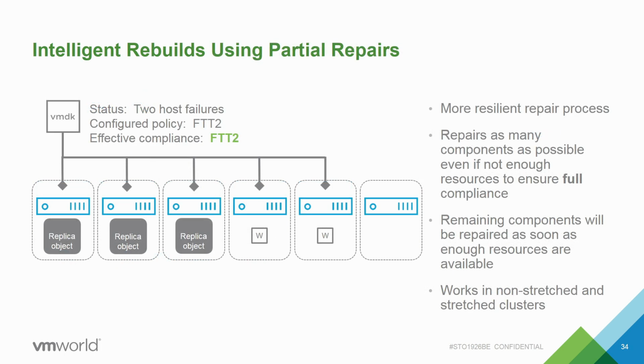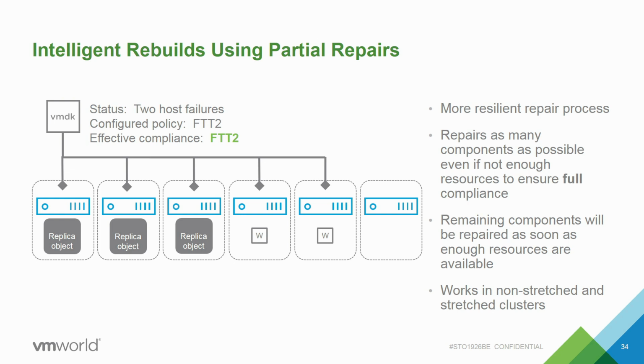So an additional feature of 6.6 that really helped improve this idea of resyncs and rebuilds was this notion of a partial repair. And think of this as a more opportunistic way of repairing data that is no longer available.